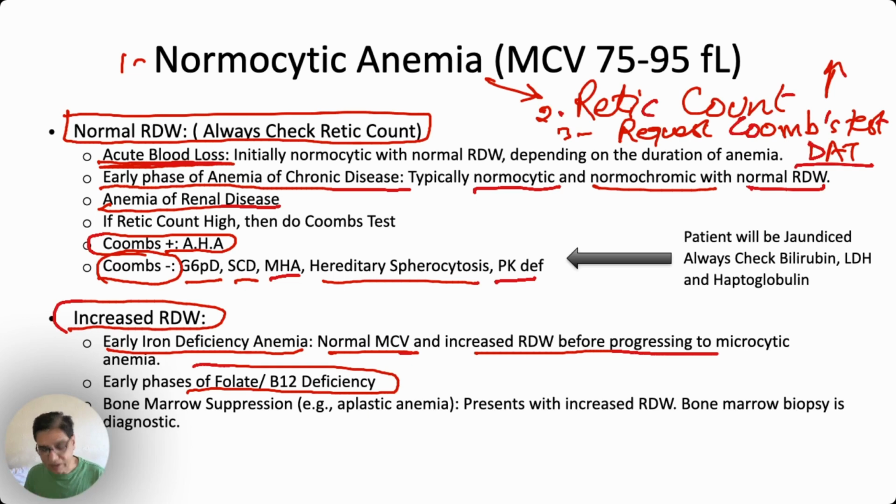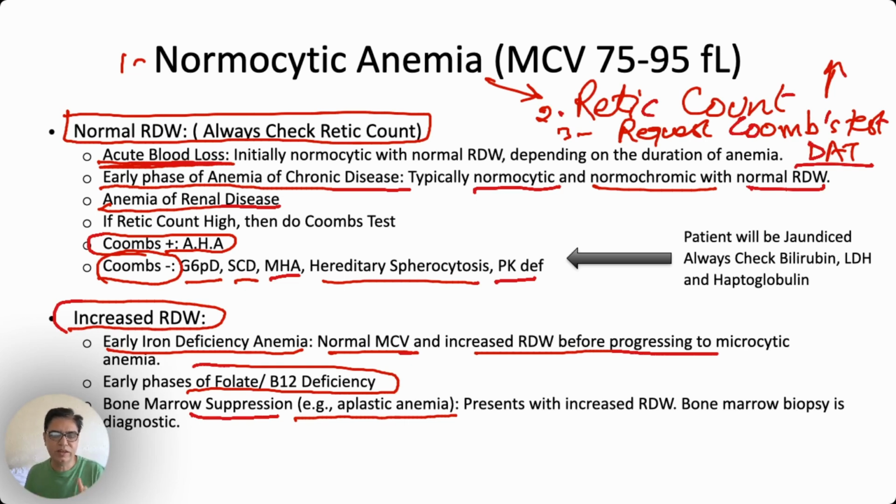Or it can occur in aplastic anemia, where there is bone marrow suppression. That can occur because of drugs or various reasons, radiation, things like that. So this is how we use the MCV and red cell distribution width in case of normocytic anemias.